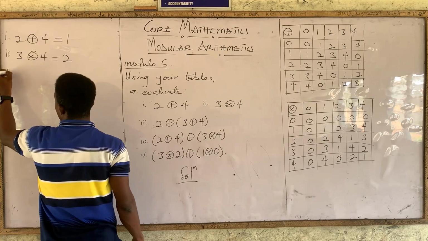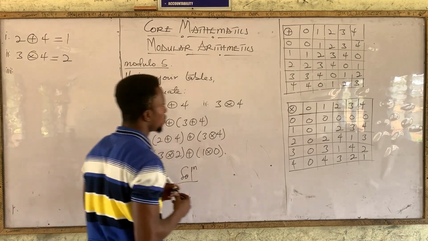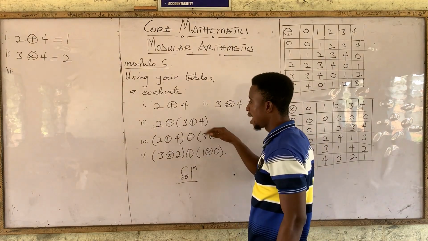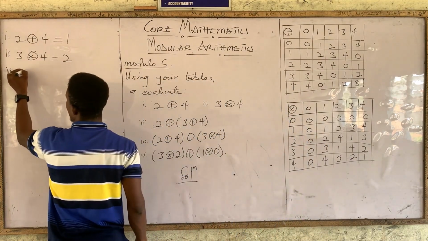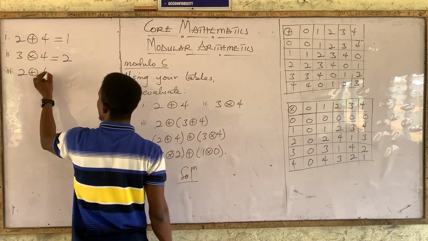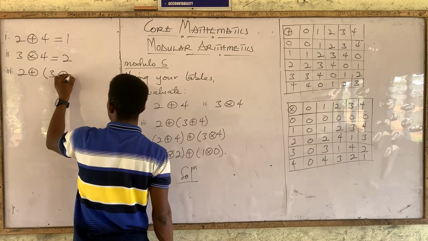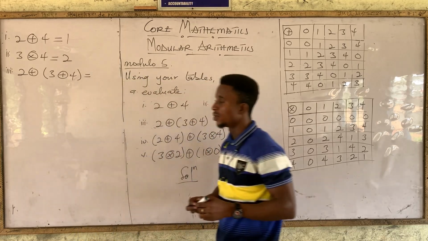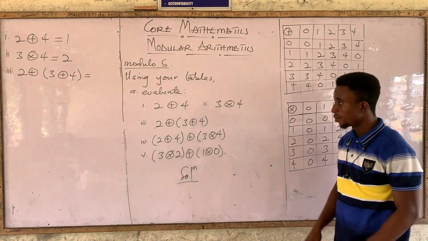Then the third one is also saying 2 plus, then into bracket 3 plus 4. So this one too is equal to what?